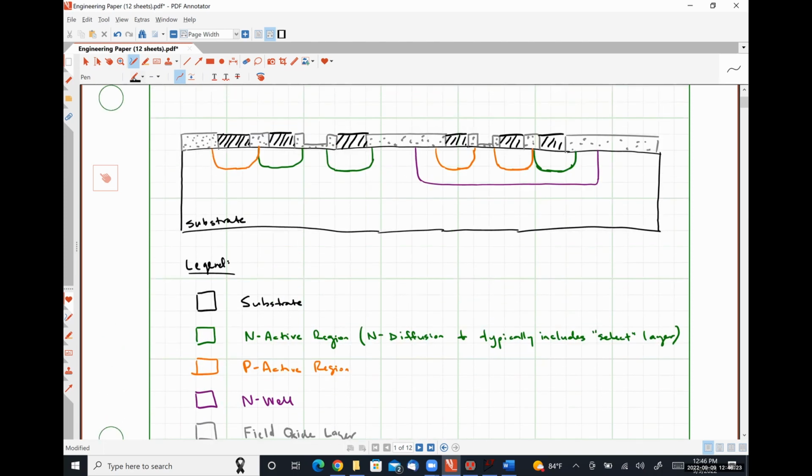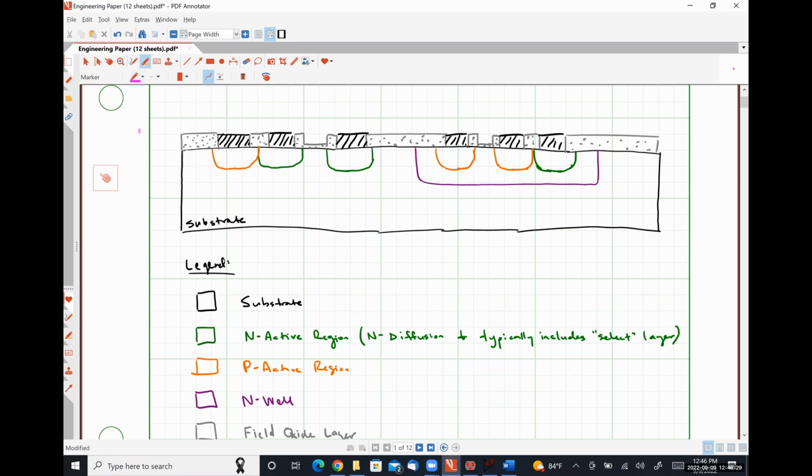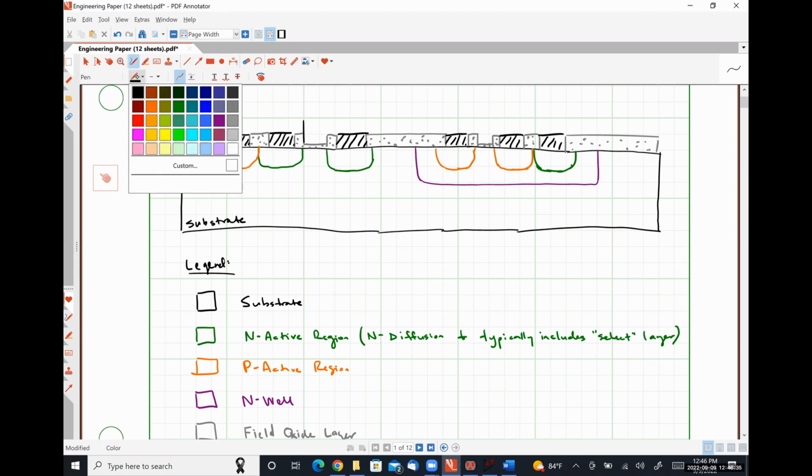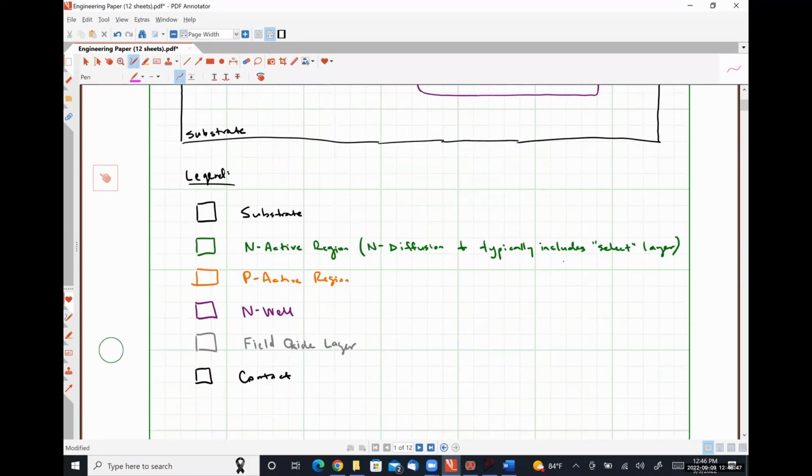Before we move on to the next highest layer, we have, all right, I want that to be in pink. This guy right here, which is our polysilicon layer.